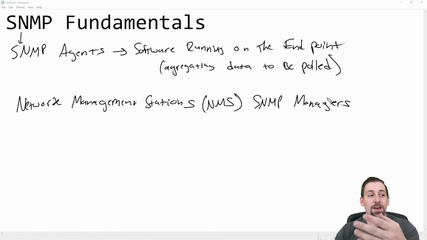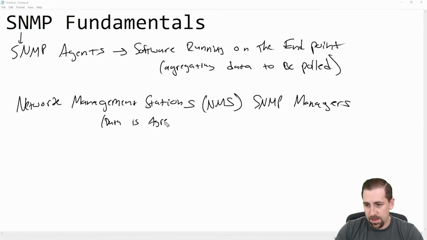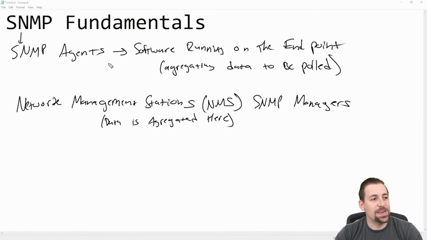These are the devices that pull all that data and then make inferences or put the data in a database. The agent is aggregating data on the endpoint, and this is where the data is aggregated to. So network management stations, SNMP agents.